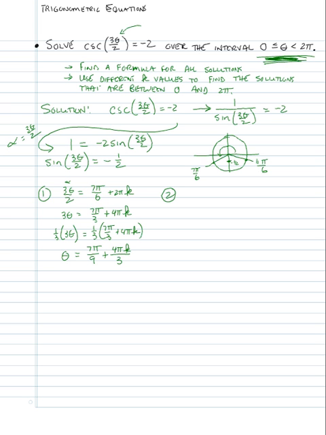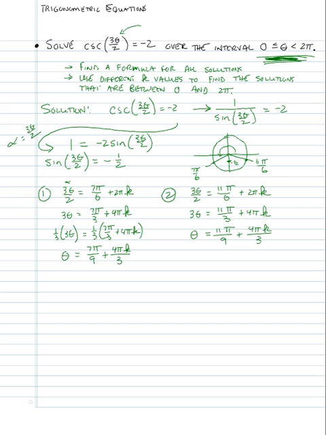Now, for the second equation, once again, 3 theta over 2 is our angle 11 pi over 6 plus 2 pi k. When I multiply on both sides by 2, I'll get 3 theta is equal to 11 pi over 3 plus 4 pi k. When I multiply on both sides by 1/3, I get theta is equal to 11 pi over 9 plus 4 pi k over 3.